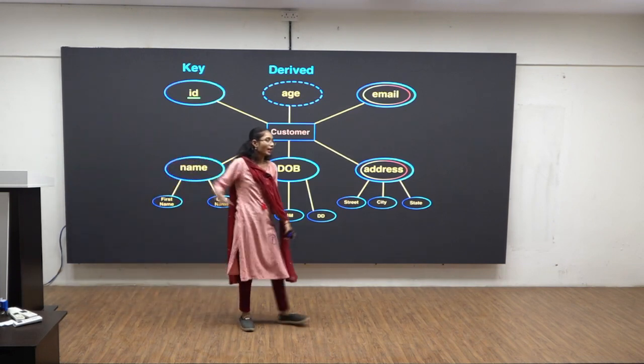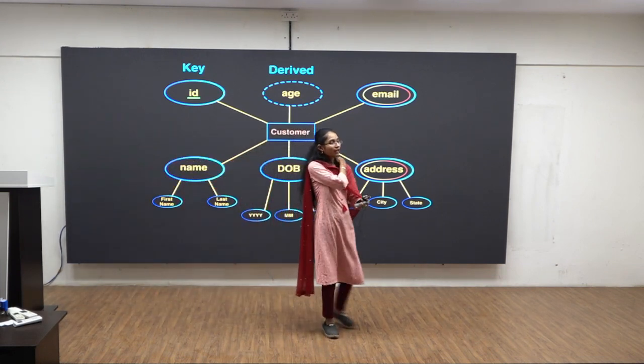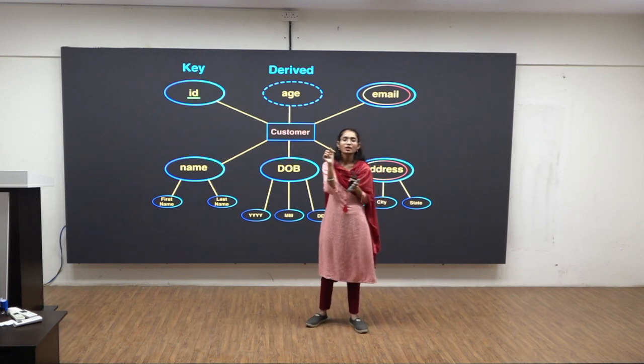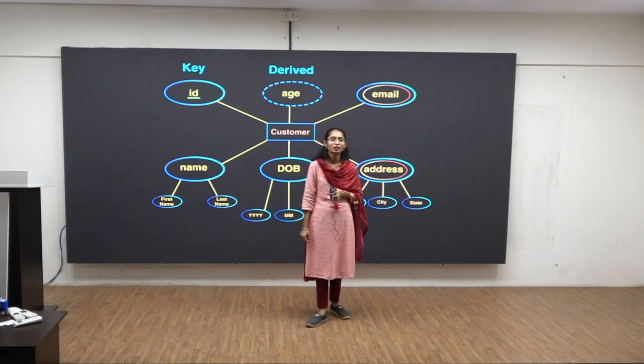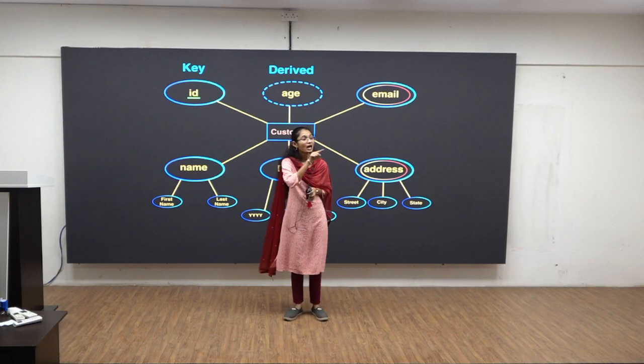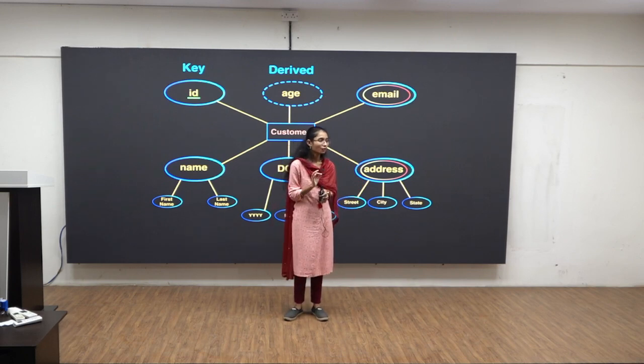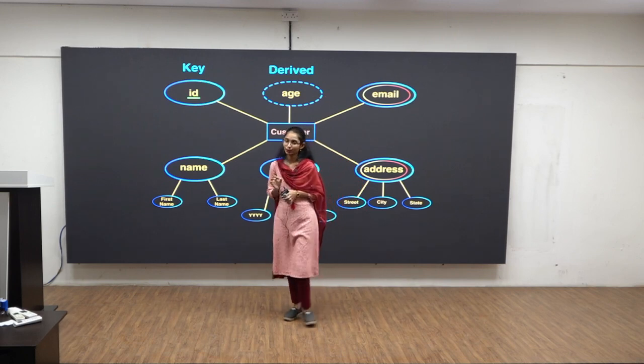Can you see which is a key attribute? ID. And can you see what is the representation we have for the key attribute? It is underlined.